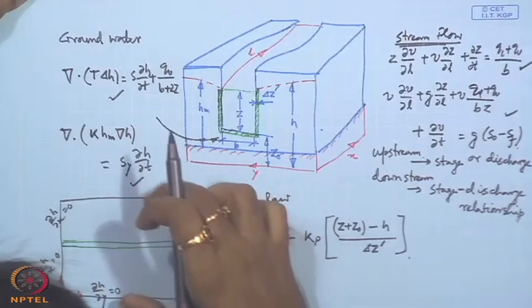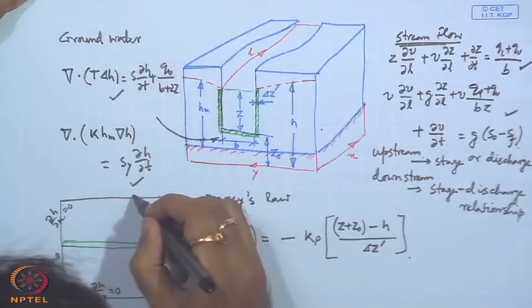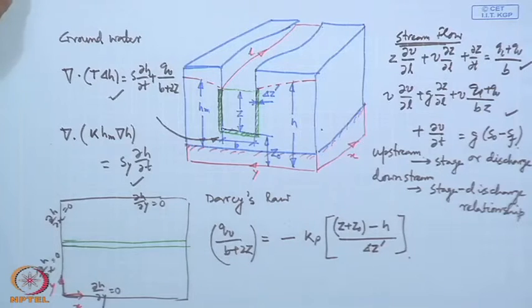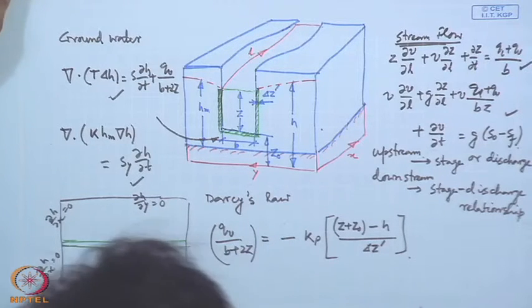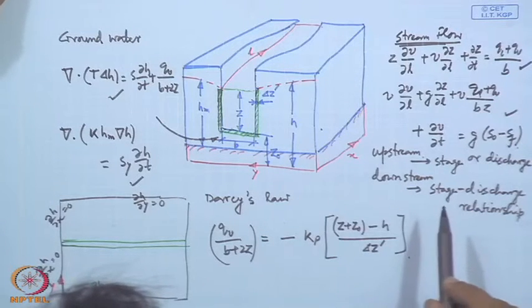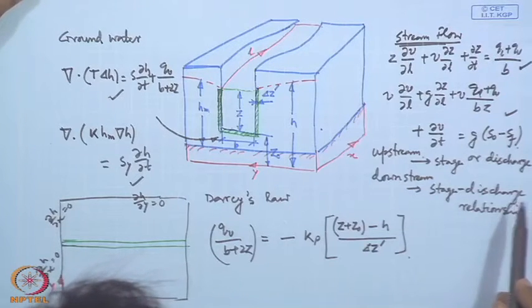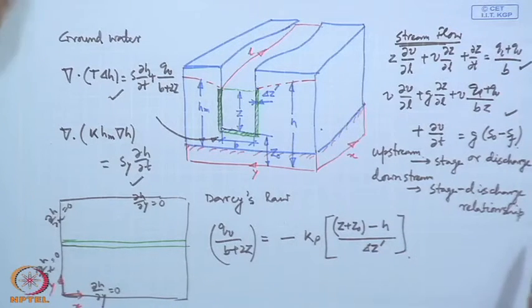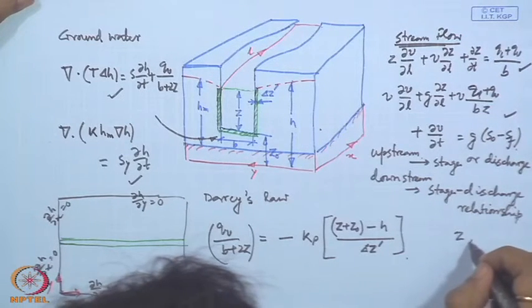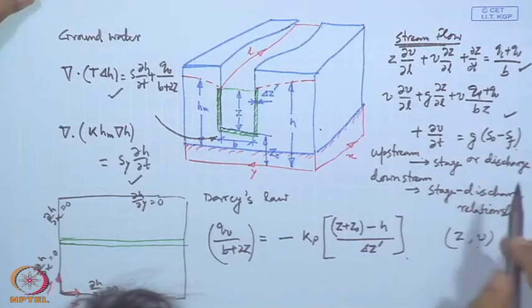So, we can choose a very large region and we can put the hydraulic head change to 0. That way we can manage the boundary conditions. The initial conditions for stream flow are depth and velocity, which should be known.